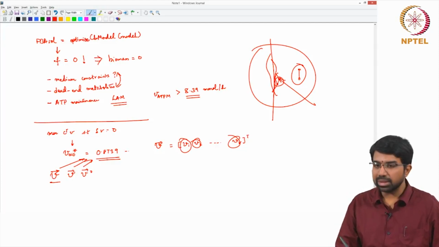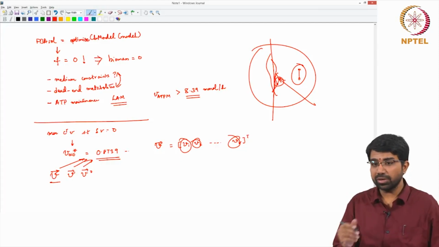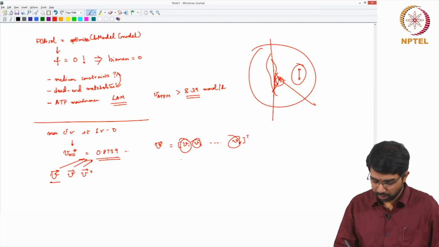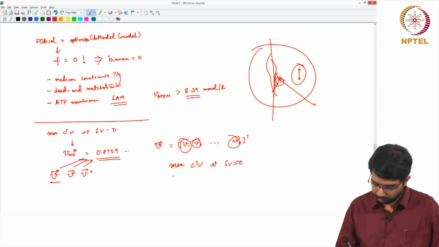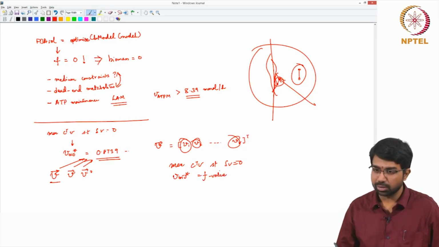So you can reframe your objective function. You first do max C transpose V such that SV equals 0. You compute your V bio star with this, which is the optimal growth rate.